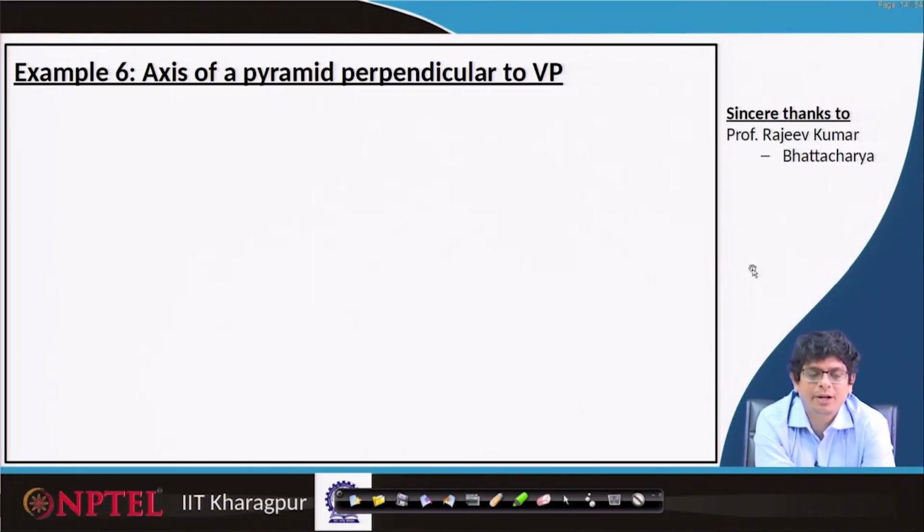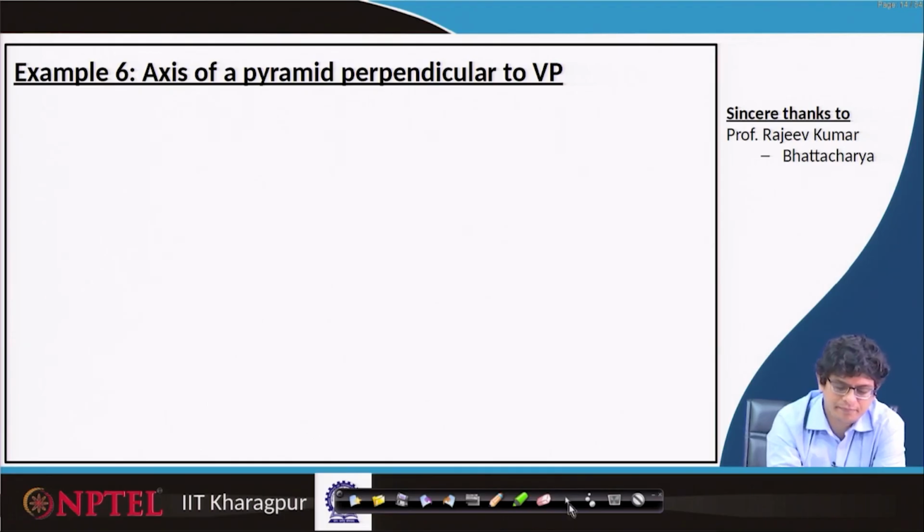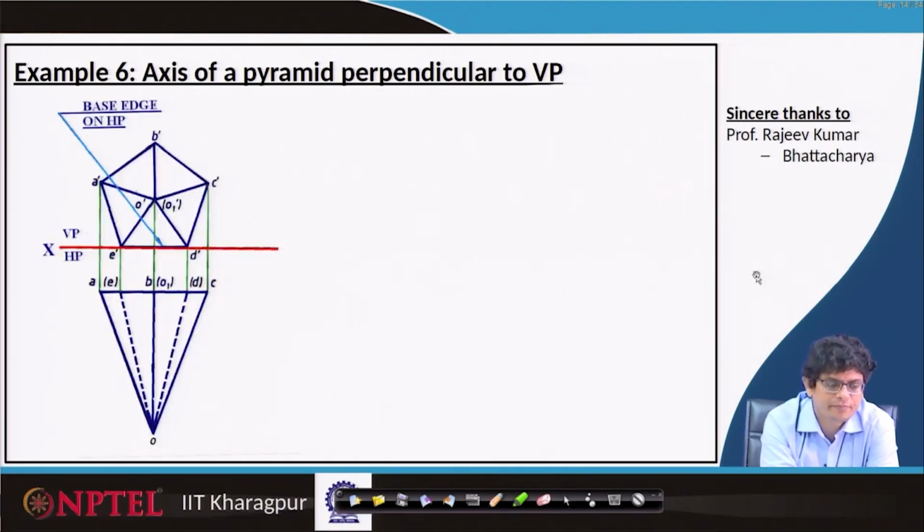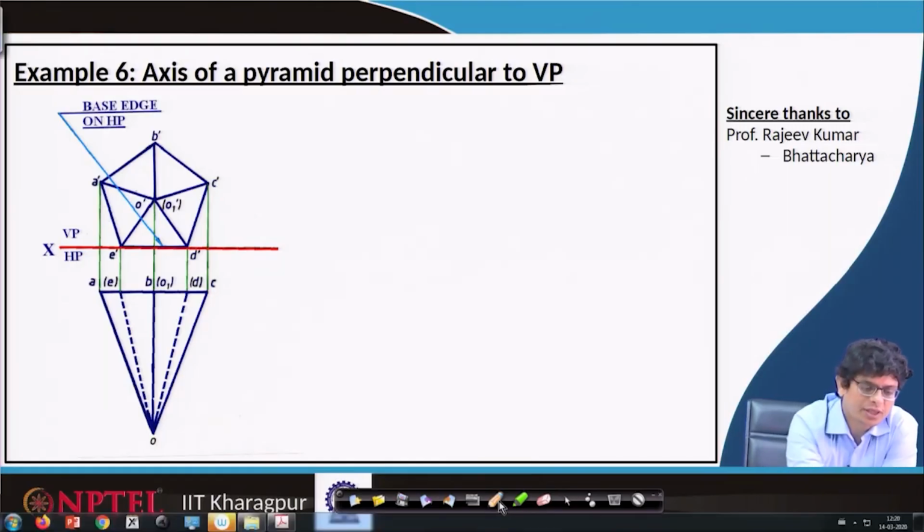Now, let us take a pyramid, and its axis is perpendicular to the vertical plane. So, a pentagonal pyramid, having an apex, all these points are going to connect there, and the axis is perpendicular to the vertical plane, and one of the base edges is resting.